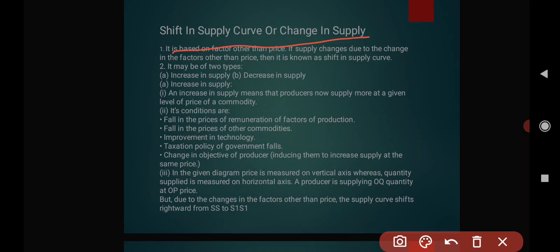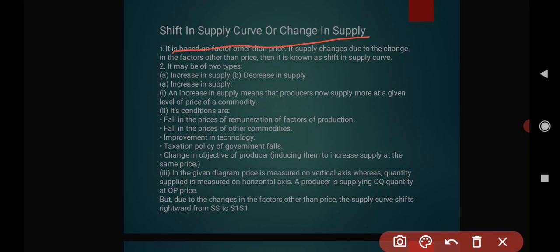It may be change in taxation policy, change in number of firms, change in objective of the firm, change in state of technology. These are the factors which cause a shift in supply curve. There will be a rightward shift or a leftward shift. Rightward shift is known as increase in supply and leftward shift is known as decrease in supply.